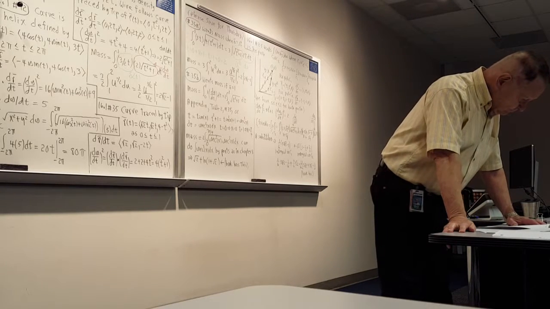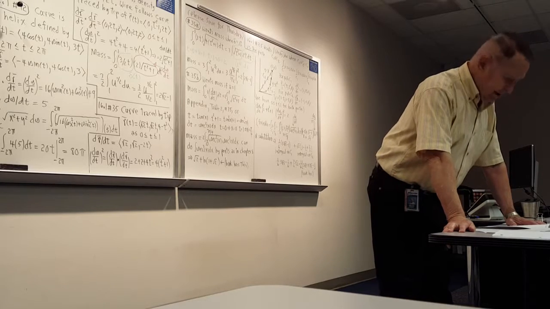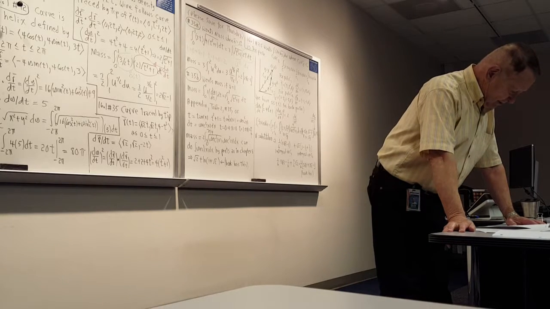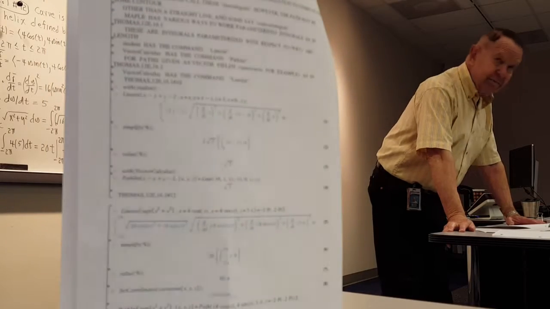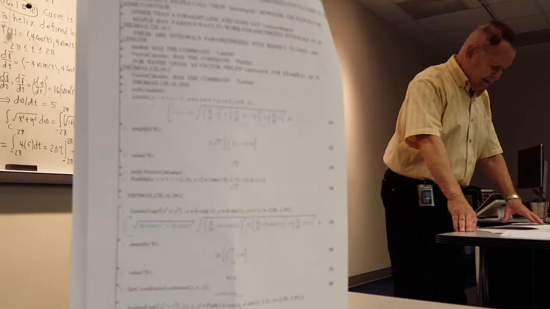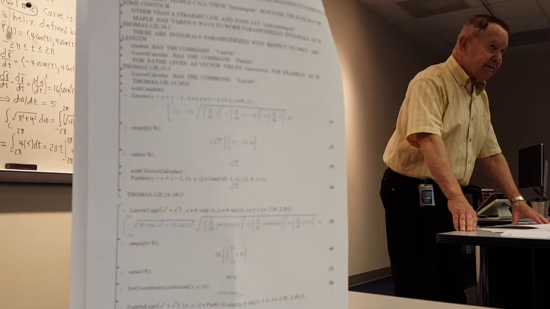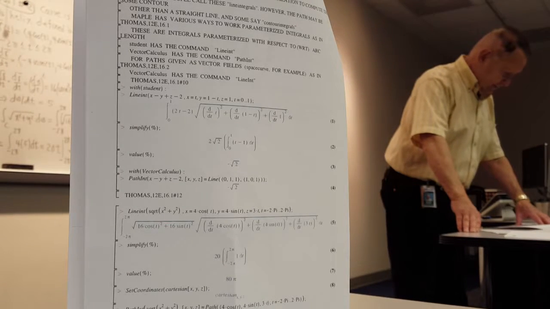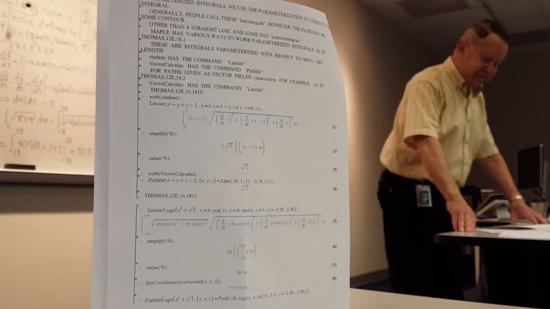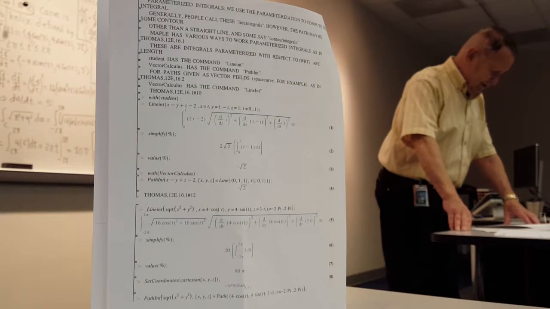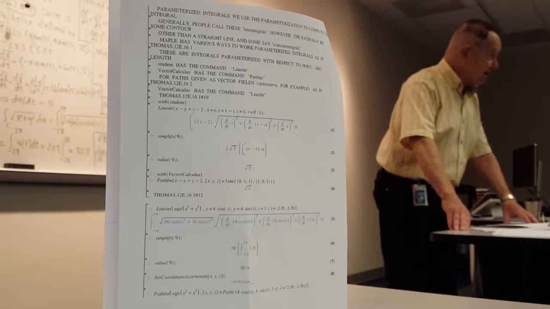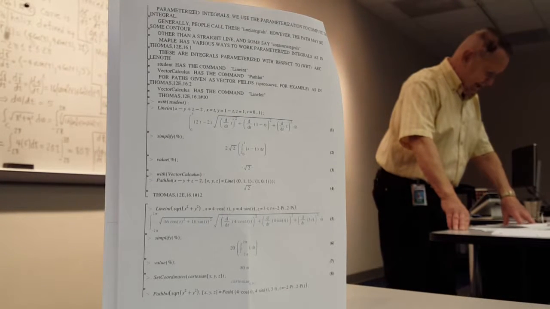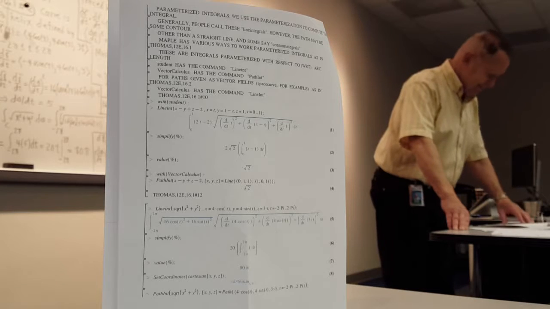And so Maple has various ways to work parameterized integrals. So they're parameterized with respect to the arc length, you see. And if you use the student package, it has the command line int. And if you use the vector calculus package, it has the command path int.